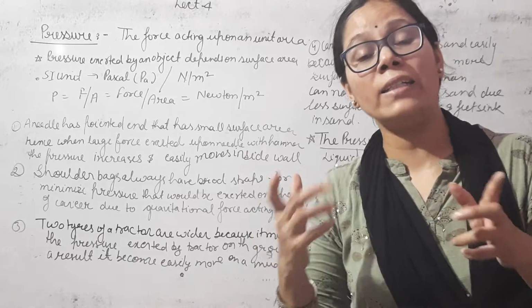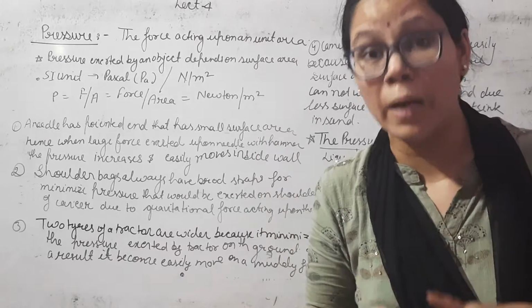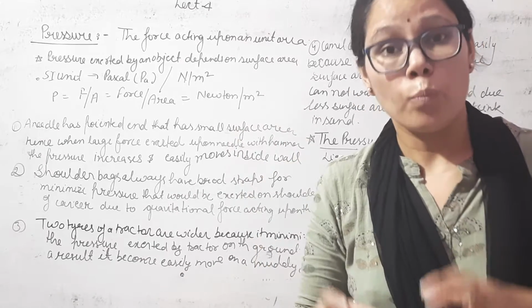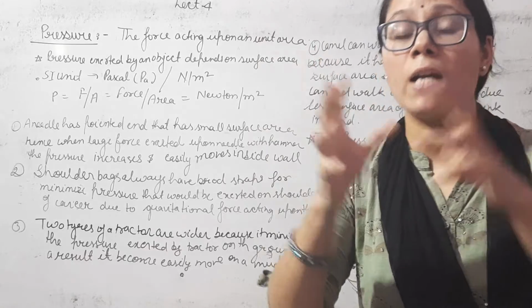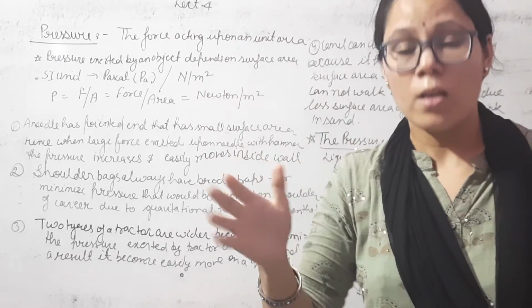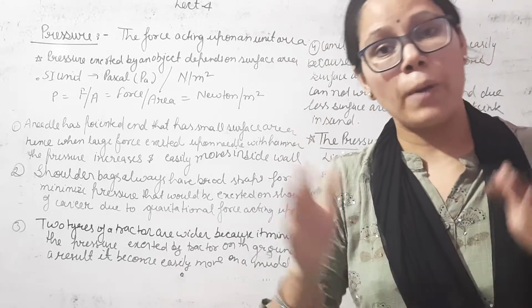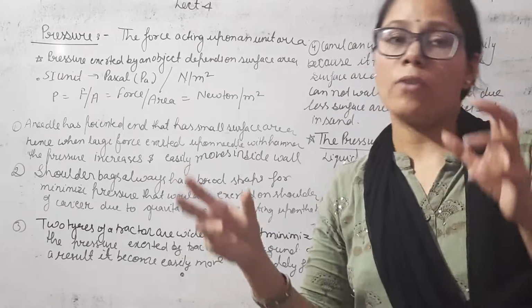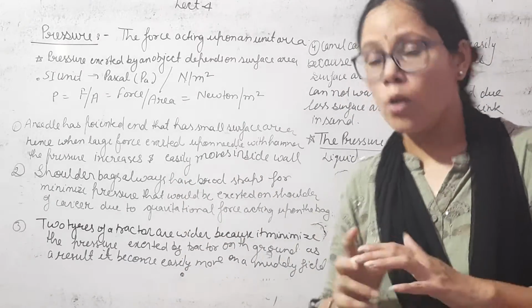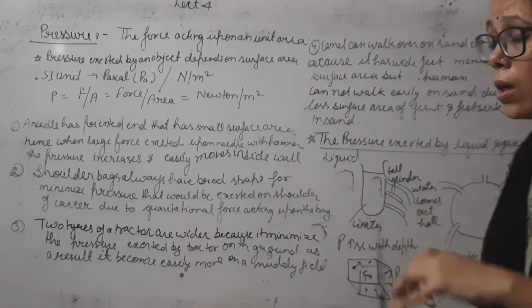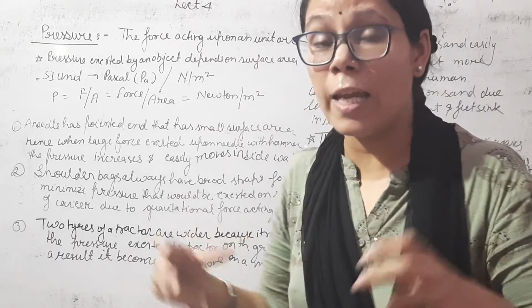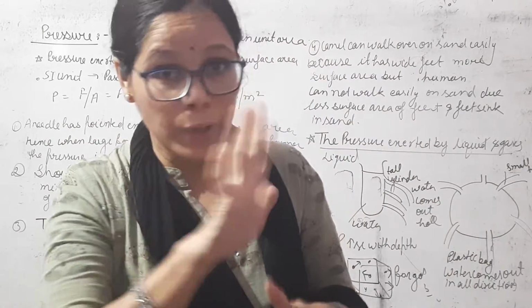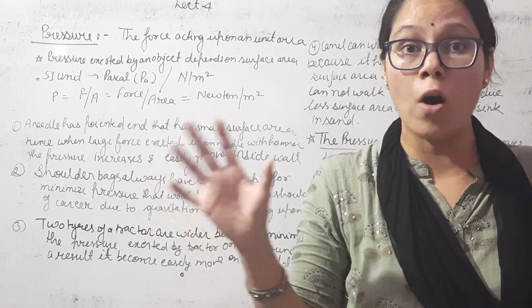So the question: why does a tractor move easily in a muddy field? Because the two tires of the tractor are wide, the surface area is large, and pressure is minimized.